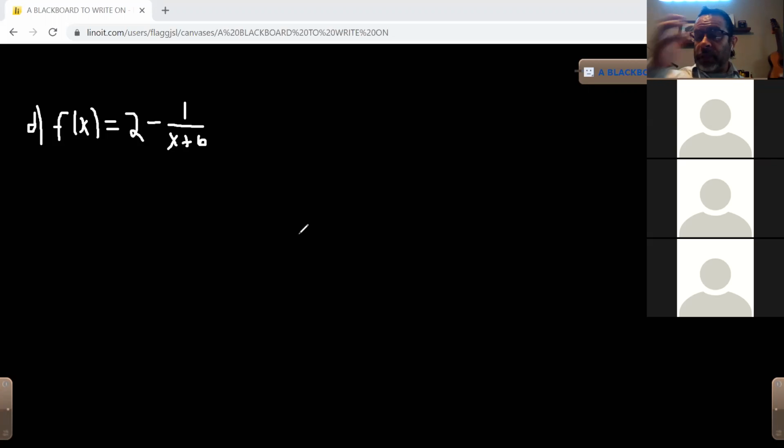And so the first thing we need to do is to identify the base function that we're talking about with this one. And so the first thing that we need to notice here to identify the base function is that we've got here the x is in the denominator. Okay, it's in the denominator.